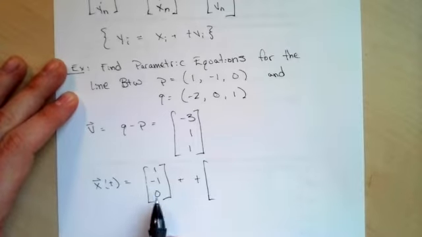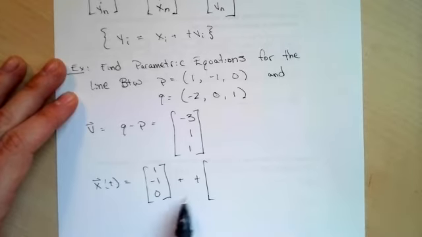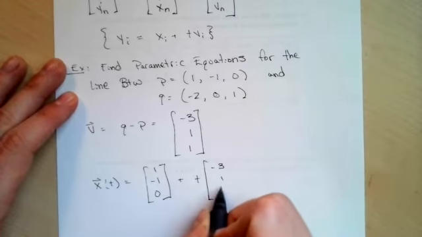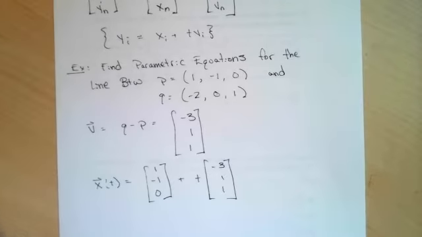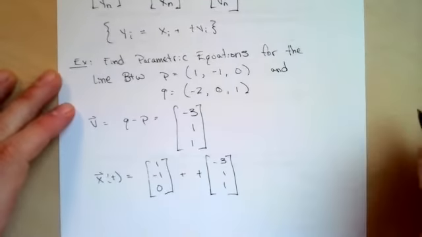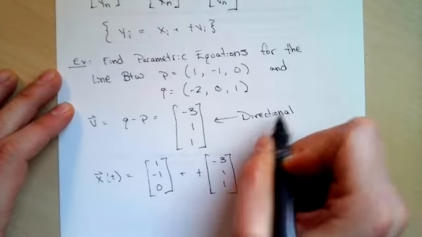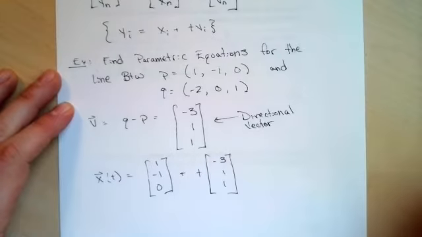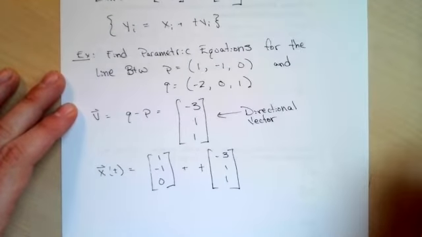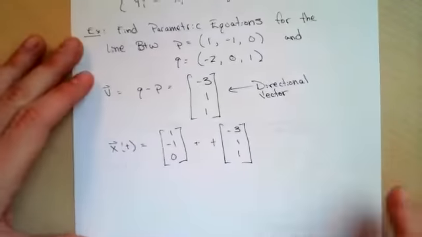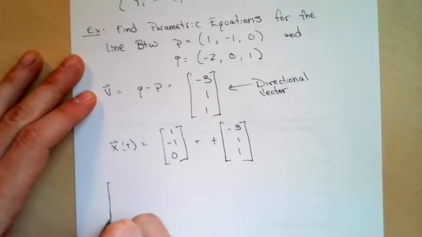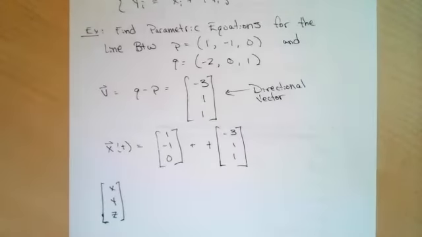And then our equation will be that p, now as a positional vector, plus t times our directional vector. And so if we wanted to write this out in terms of the coordinates, again, because this is 3 dimensions, we often use x, y, and z for the variables of our coordinate directions.